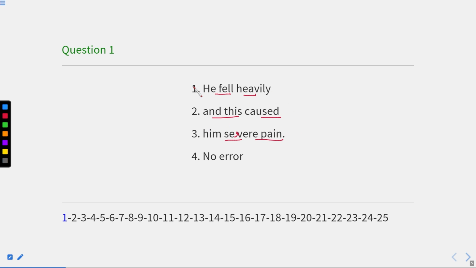If you see the entire sentence, the first word is a pronoun, and obviously before a pronoun we cannot have any article. Fell is a verb. Before a verb, we need not use any article. Heavily is an adverb. This is a pronoun. Caused is a verb. Him is a pronoun. Severe is an adjective, and pain is a noun.